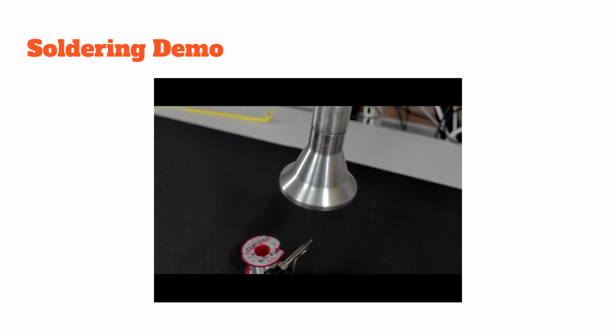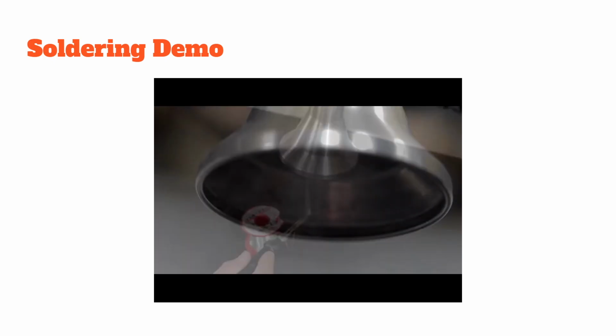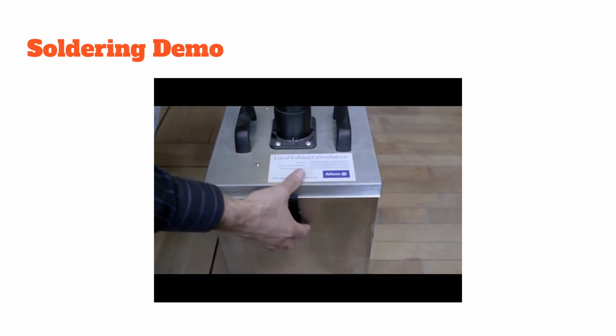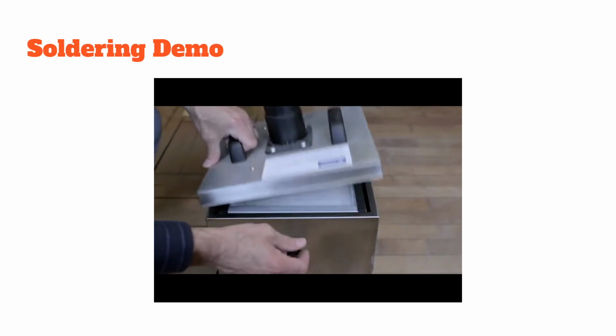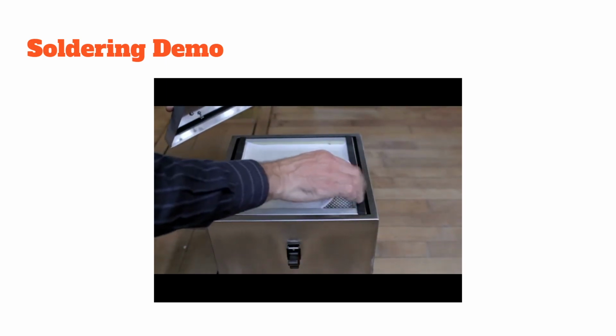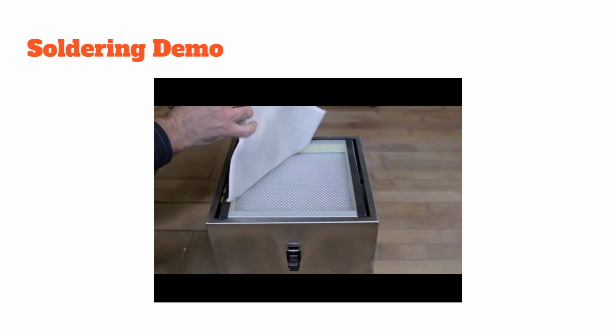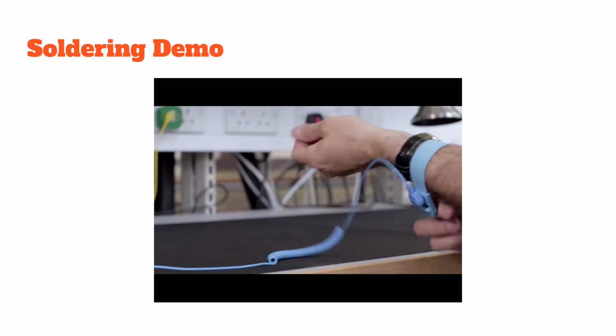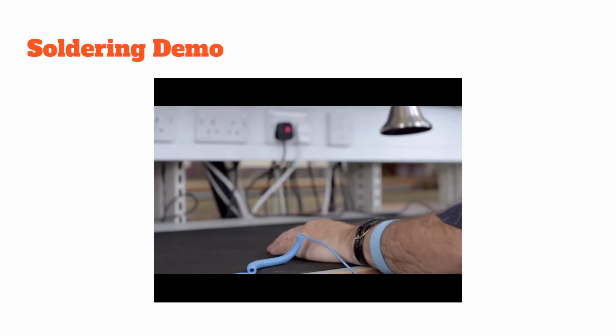Although modern flux is not toxic, when soldering you should always use a fume extractor to prevent the fumes from the flux irritating your lungs. The fumes are extracted by a high-efficiency particulate air filter, or HEPA filter, before the air is returned to the room. Before you handle the components, it's strongly advised that you wear an earthing band to prevent electrostatic damage to the components.